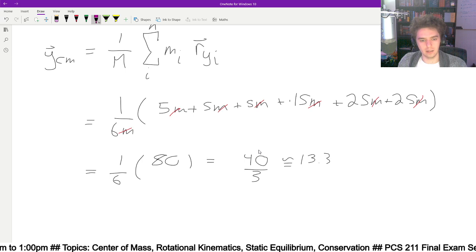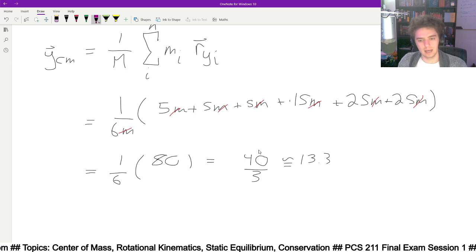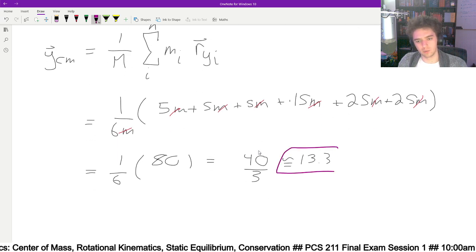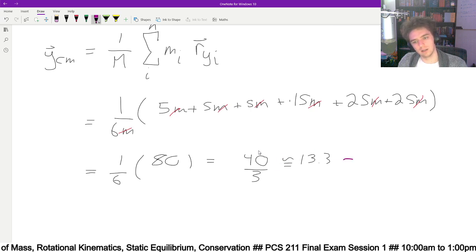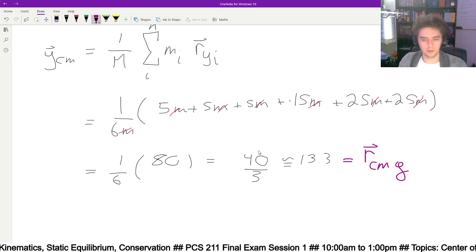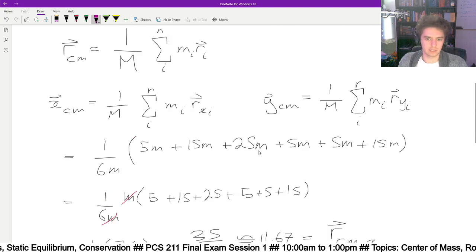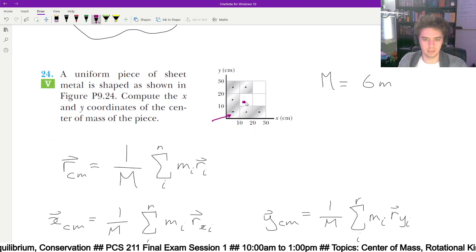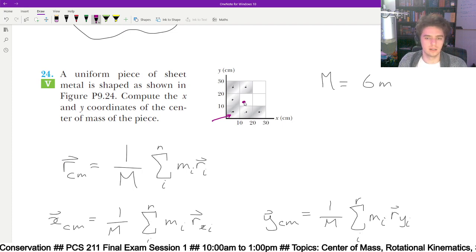Then added that all together, 1 over 6 times 80, and that ended up being about 13.3. So the y position, r_CM,y, was about 13.3. So now I have an x and y position for my center of mass, and I can just approximately plot it there.